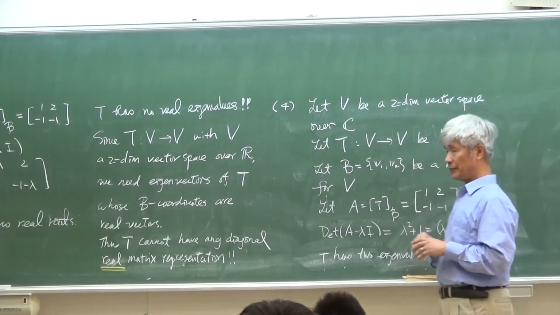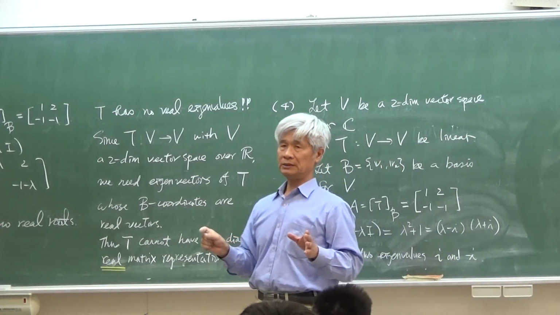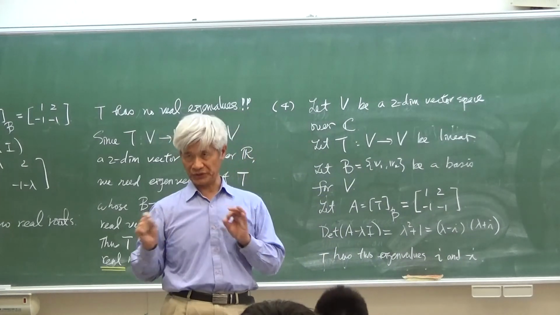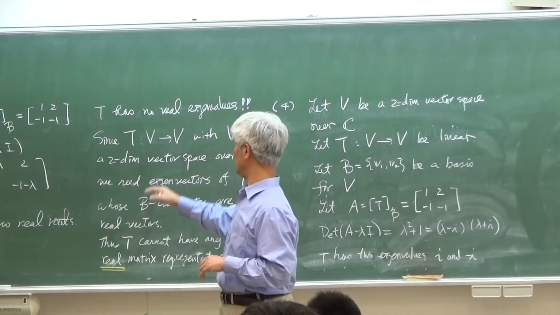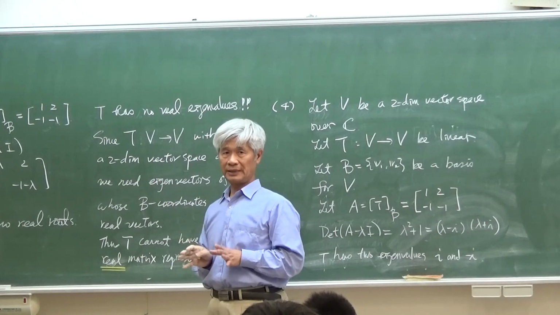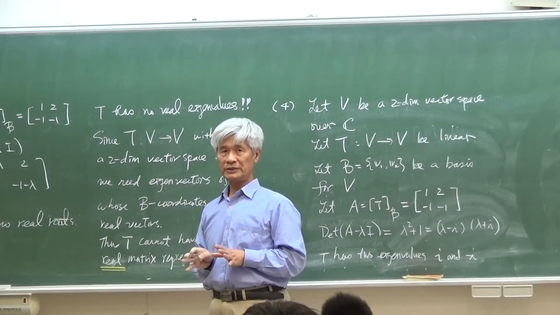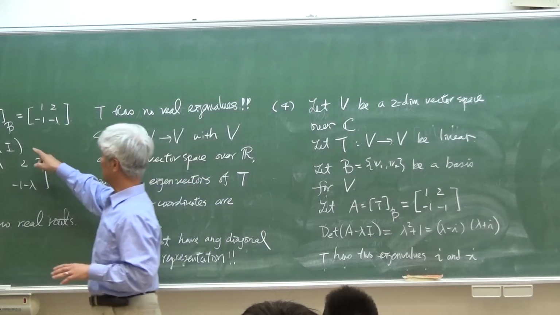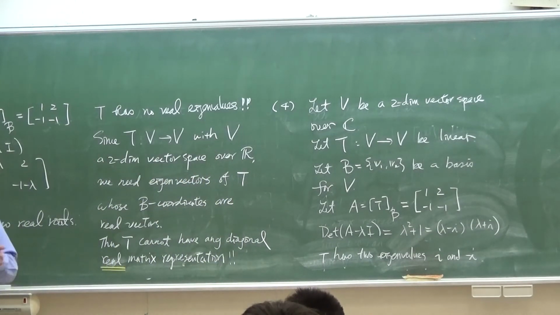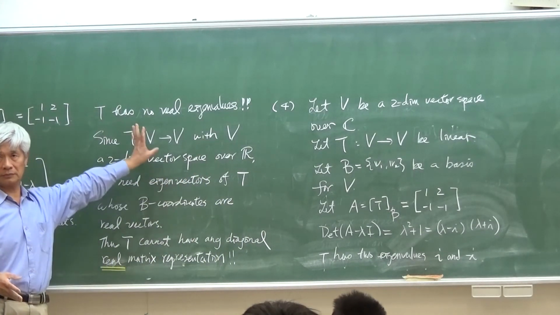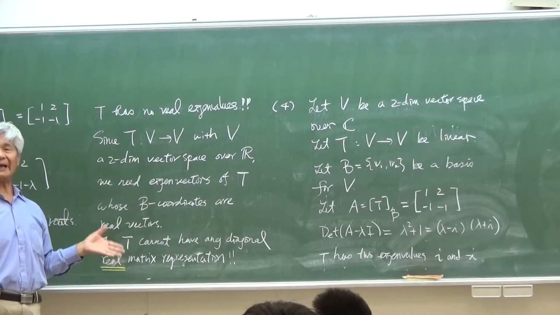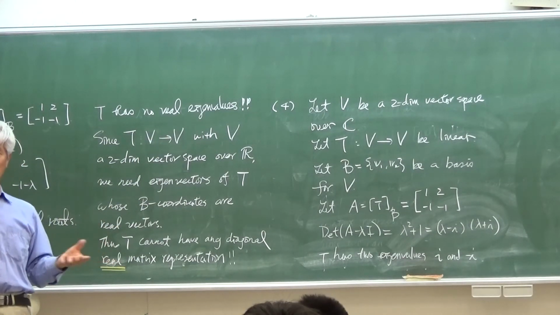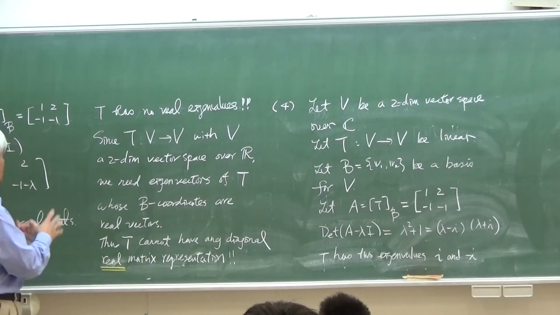If you have to work in the real world, then you have much restriction, just as I illustrated in the third example. In many situations you don't have a real eigenvalue, so you cannot solve the eigenvalue problem, and you cannot proceed again, right?